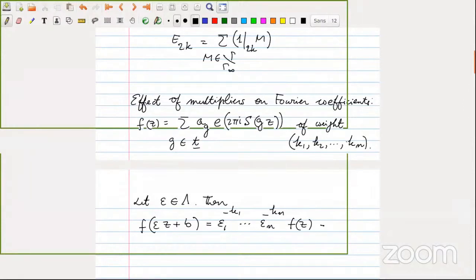We can also write this as n of epsilon to the power of minus k times f of z. Just a notation.